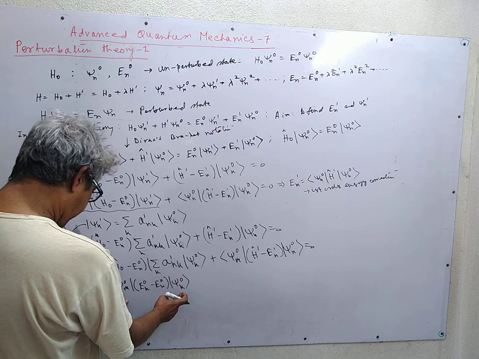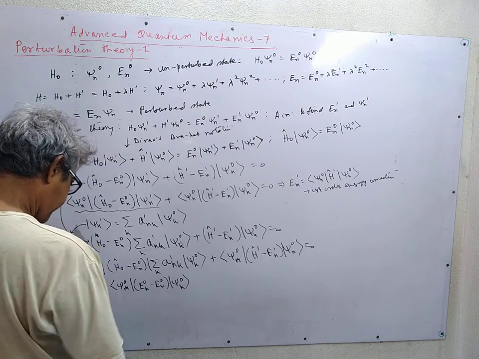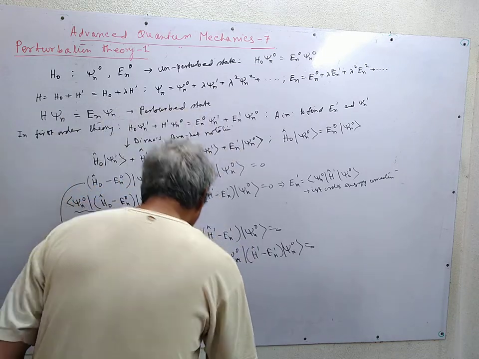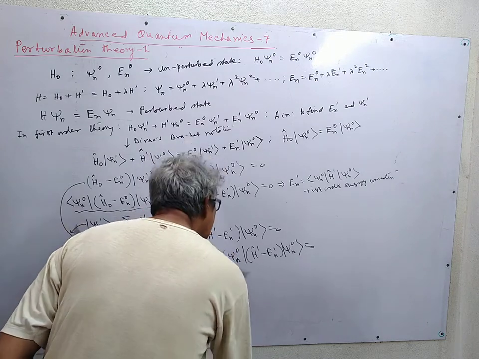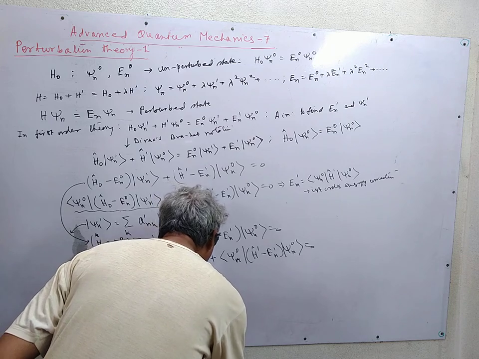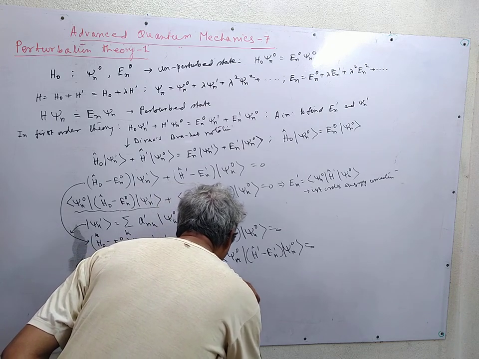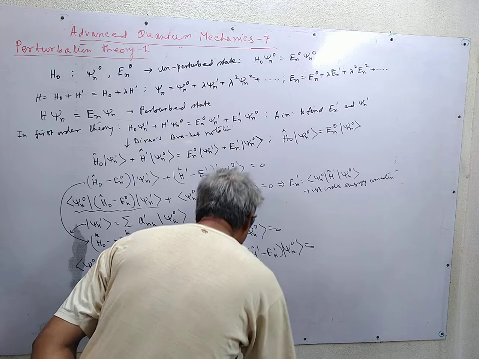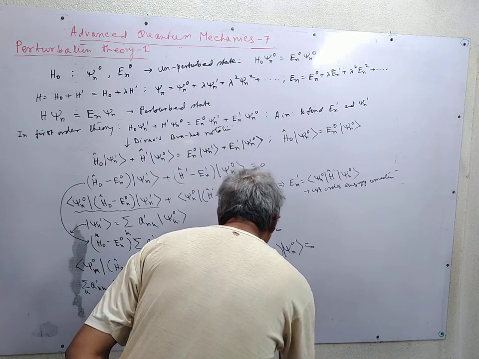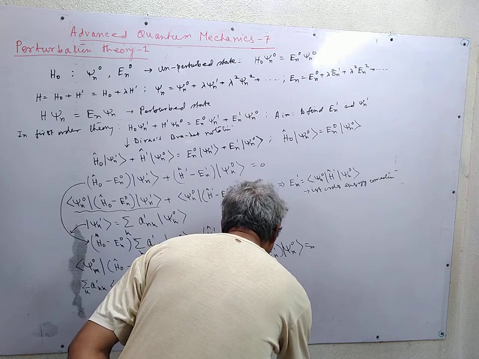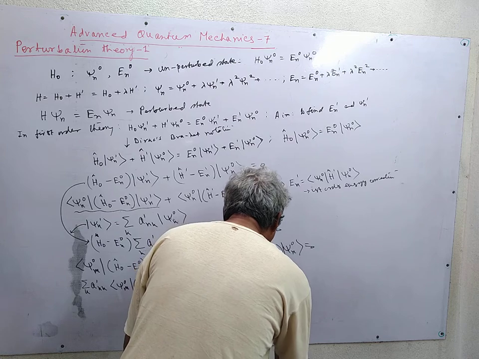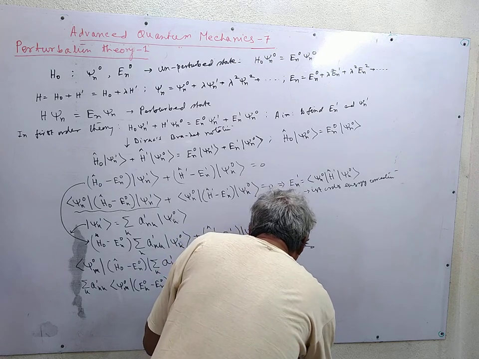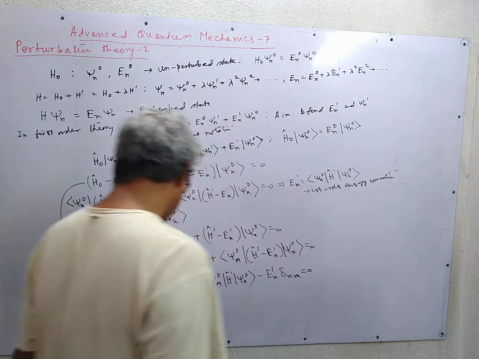This gives you the delta function Km, and coming to the right hand side, this term we get En1, and this is a dot product between states N and M, which is a delta Nm, equal to 0.